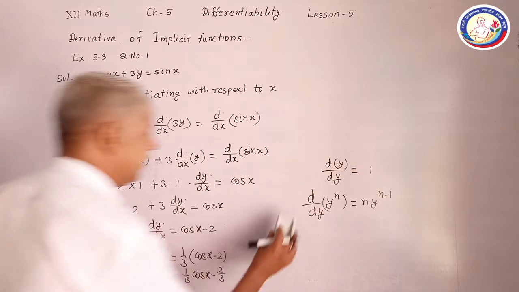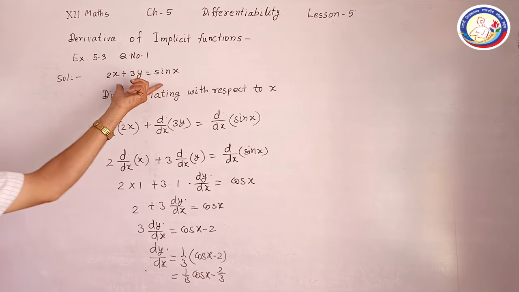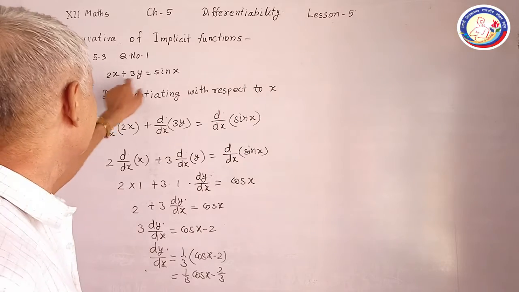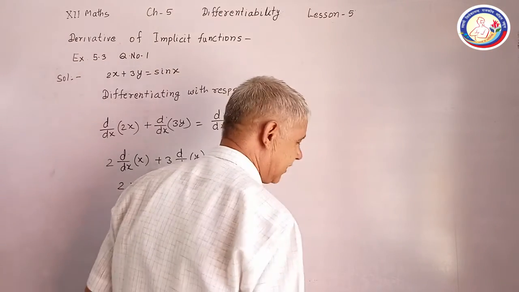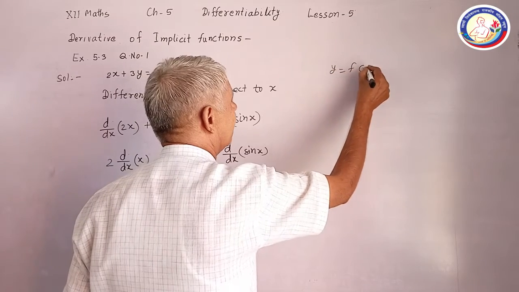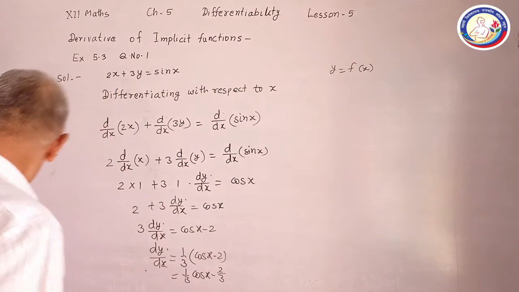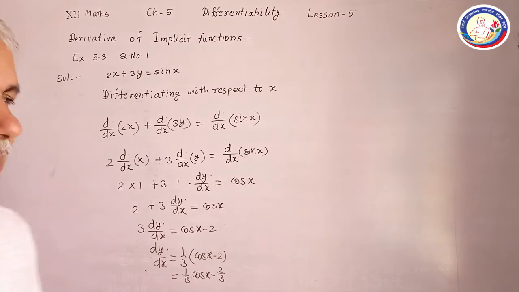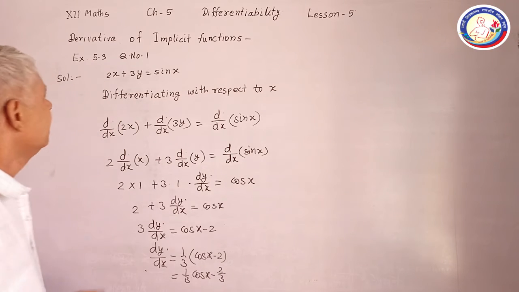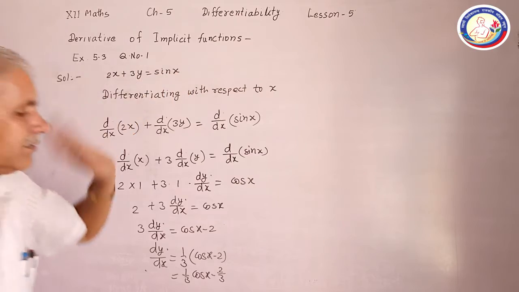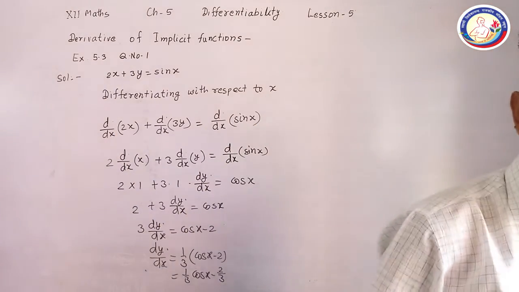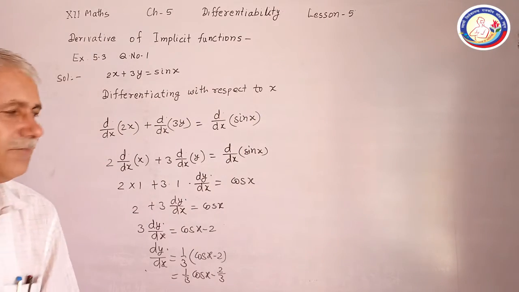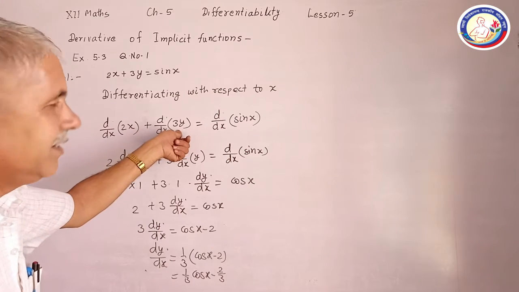This is the same. If we change this equation with variables x and y in terms of y equal to f(x), you can verify this yourself. So again I am repeating, when a function is in form of implicit function, then for x or function of x, we find derivative in the usual manner, and for functions containing y, first of all we differentiate them with respect to y.